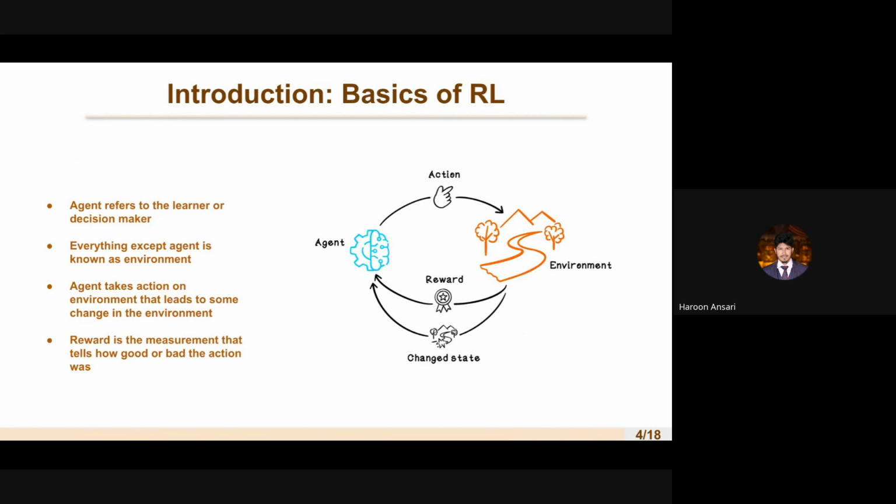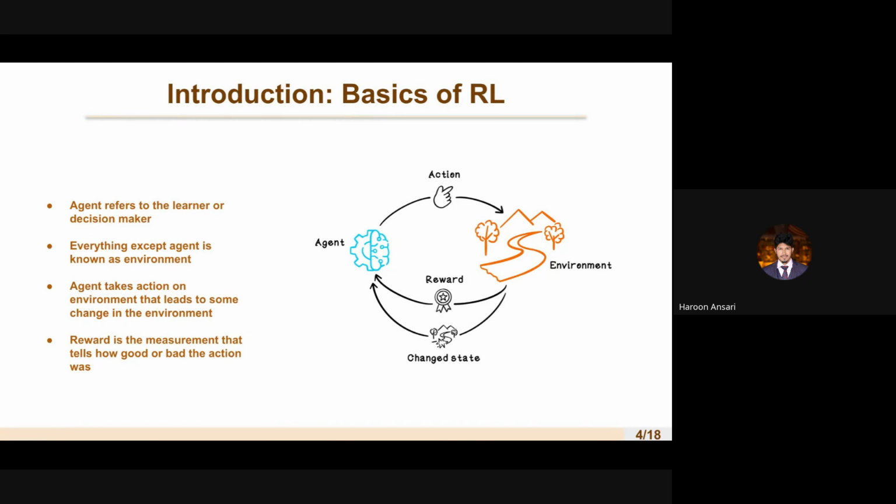As I said, RL is all about the sequential decision making problem. The agent is the decision maker, and the environment is where it takes the action. When we say decision, it is basically the action, and there should be something on which the action needs to be taken. So it is the environment on which it will take the action.